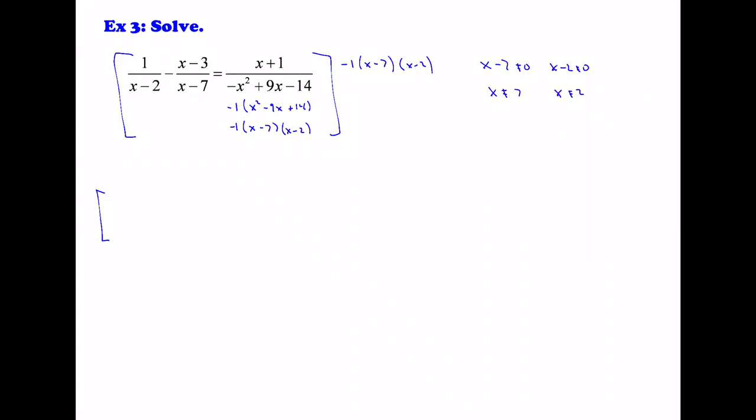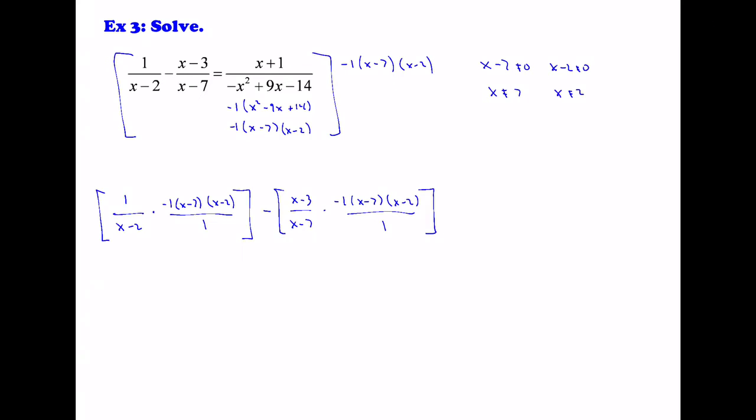show all my work here again, so I'm going to multiply the term 1 over x minus 2 times negative 1, x minus 7, x minus 2, so that's the first one, minus x minus 3 over x minus 7. That term gets multiplied once again by the common denominator.